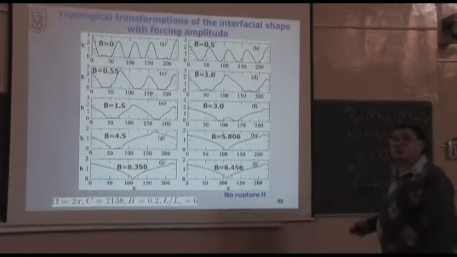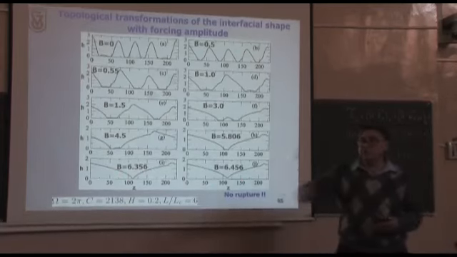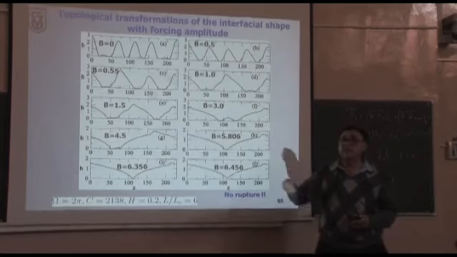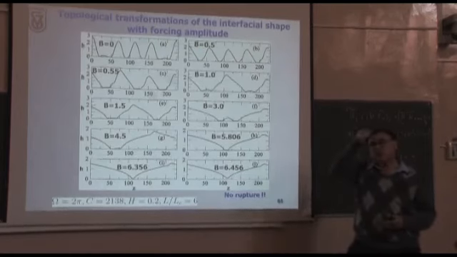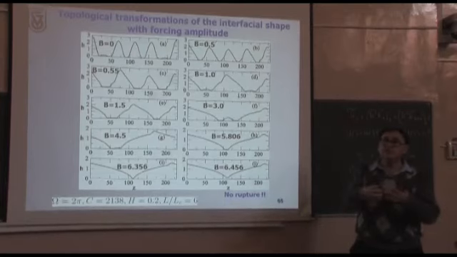So the rupture means that if you drive this system back and forth, your expectation, and you saw this in the movie, is that there is a tendency for these droplets to merge.